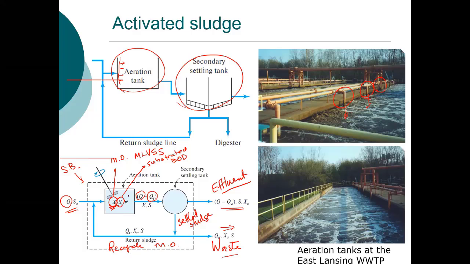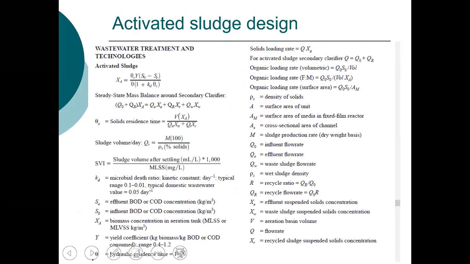We need to define, though, this mixed liquor suspended solids concentration. This X here is the biomass concentration in the aeration tank. And it's a function of how long the solids reside in the tank. So notice we're recycling these solids.